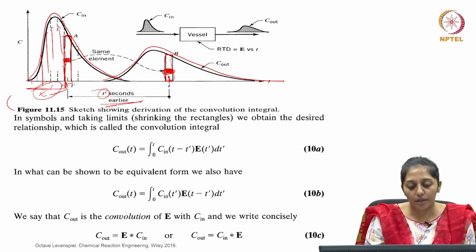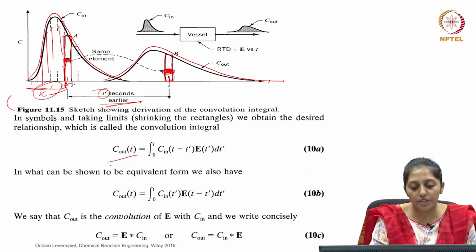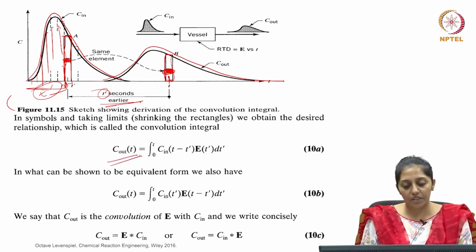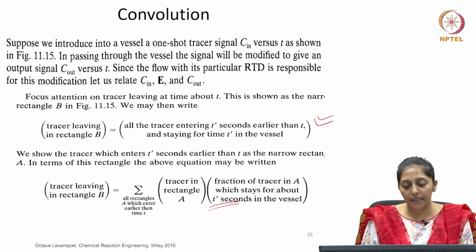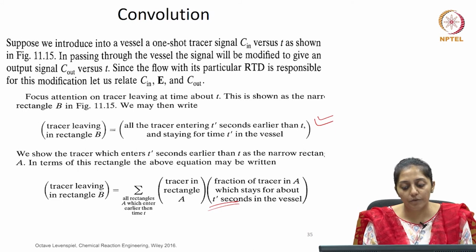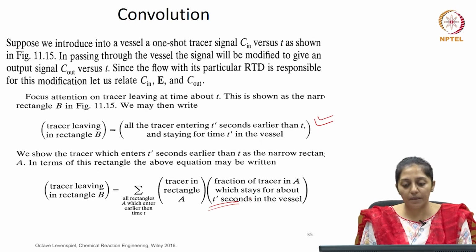So this means that the concentration at the output at time t is the concentration of the fluid elements before t prime entering the vessel, times the residence time distribution. This is nothing but E t prime, the fraction of the tracer in the fluid element which stays for about t prime seconds in the vessel, as per the definition of the E curve.